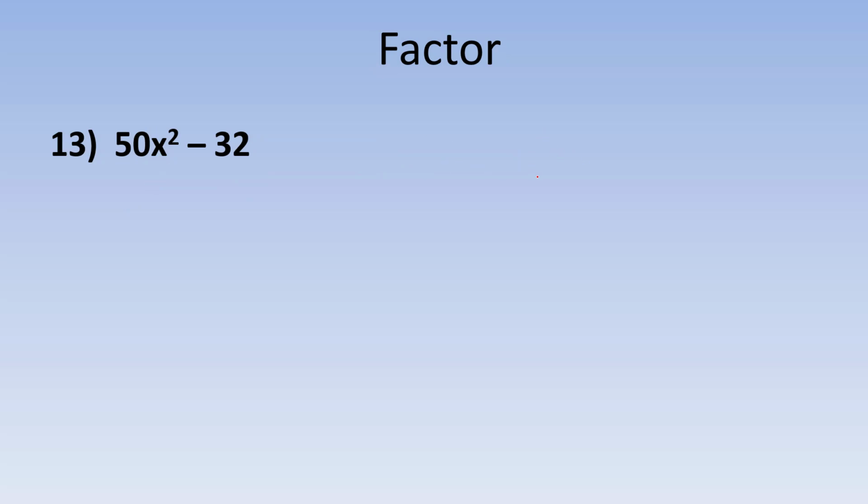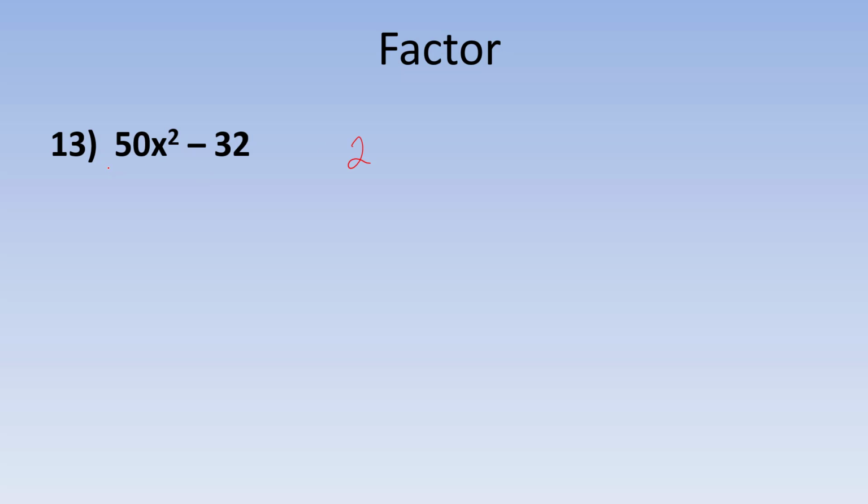50x squared minus 32. Now, as we continue factoring, you're going to notice the very first thing you're going to want to do is look to see, is there a GCF that can be first factored out? So, in this problem, I can see that I can factor out a 2 from both of these terms.